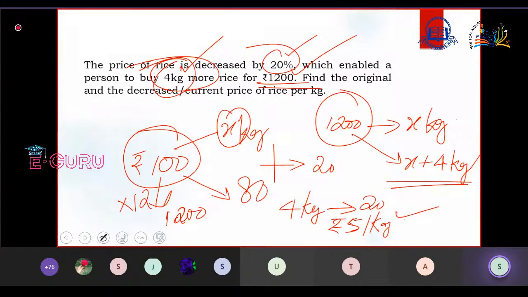Then the same rule you have to apply here also. You need to take 12 times 5. So 12 times 5 equals 60, right? So the actual current price is not 5, it will be 60.